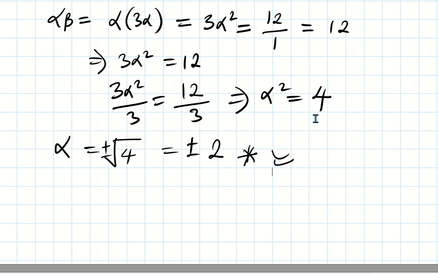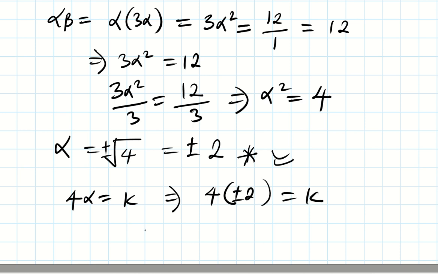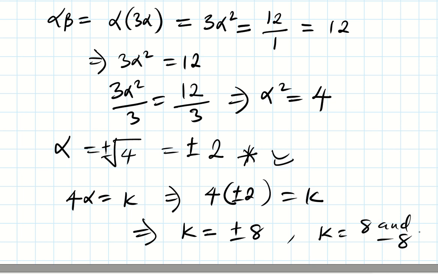So we have 4 alpha equals k. This implies that 4 times plus or minus 2 equals k. So k is equal to plus or minus 8. So the values of k are 8 and minus 8.